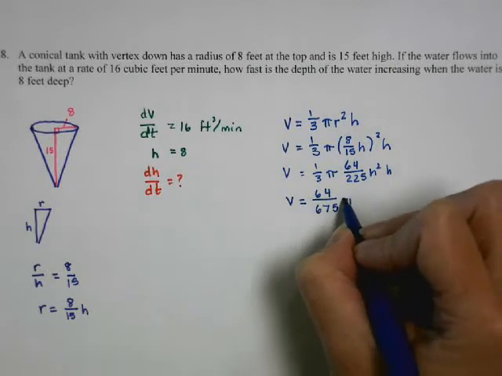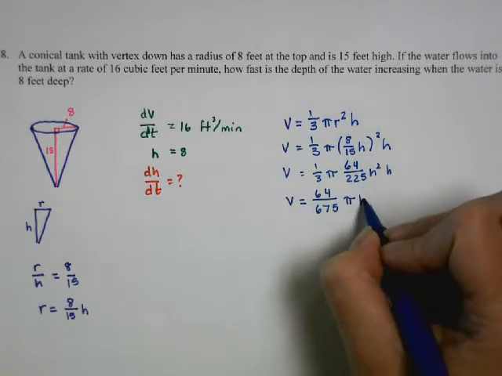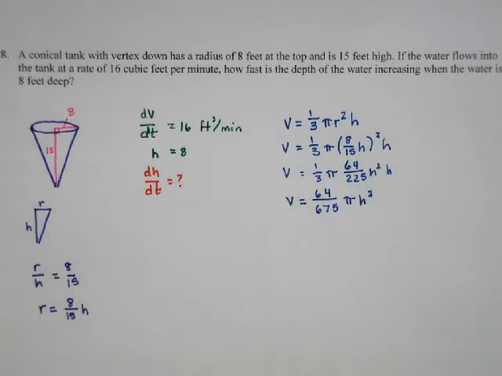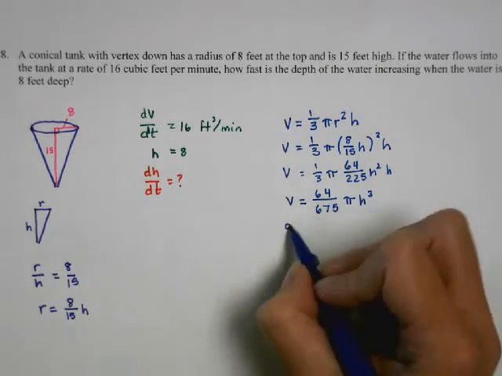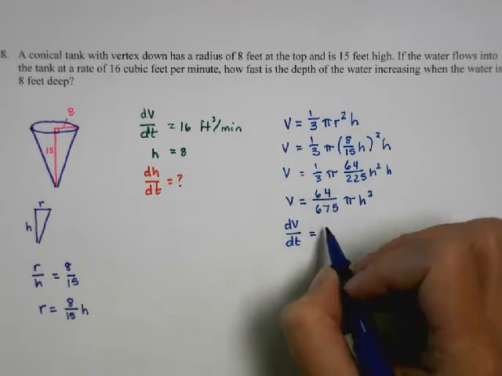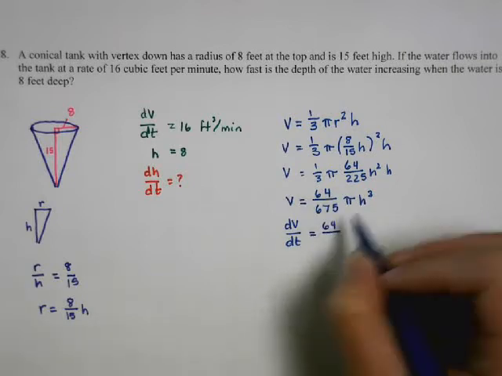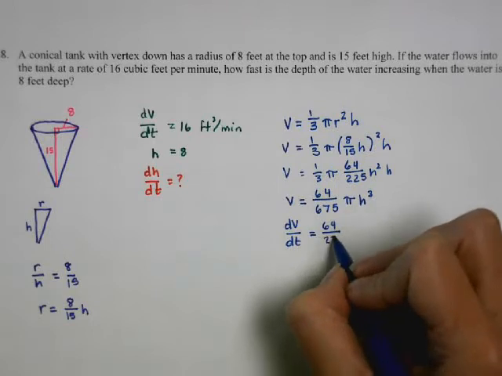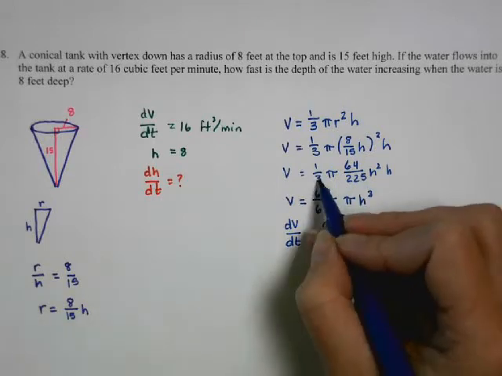Now we take the derivative, dV/dt is equal, if I multiply this by 3, we get 64 over 225, which makes sense since we multiplied by 3 to get there, pi h squared dh/dt.